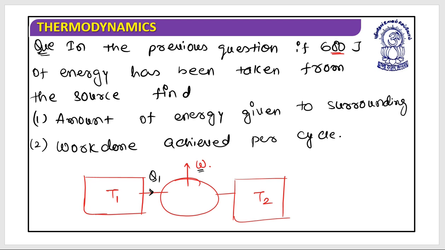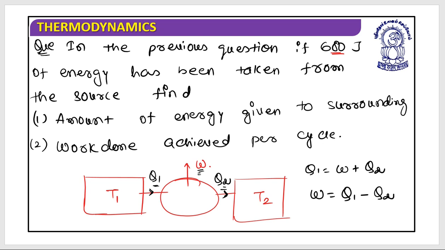It would be converted to work done, and the rest of the energy would be delivered to the surrounding. This is Q2. And when I need to find work done, Q1 equals work done plus Q2, and from this, work done equals Q1 minus Q2.